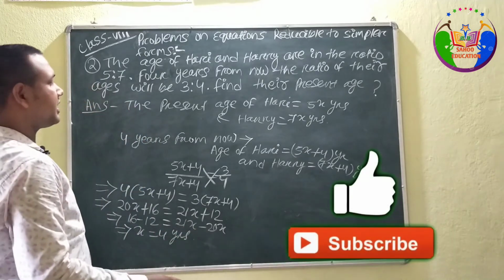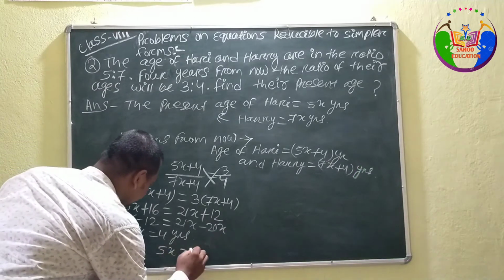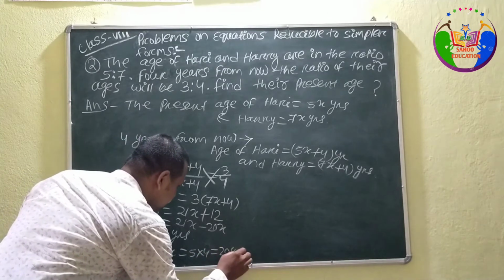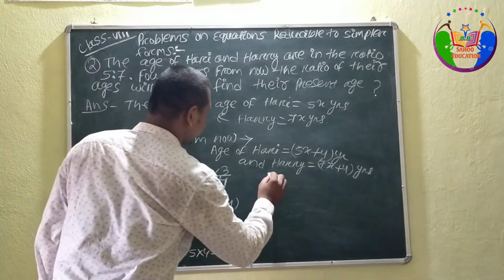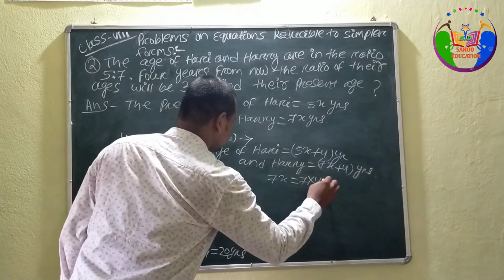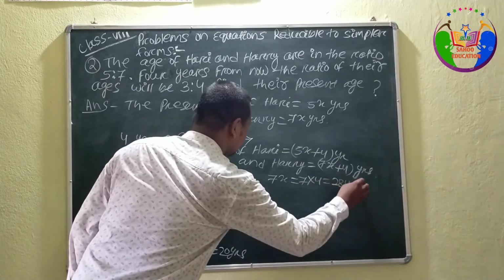Then the present age has to be found out. So 5x, that is 5 into 4, 20 years, and we'll write down 7x, that is 7 into 4, 28 years.